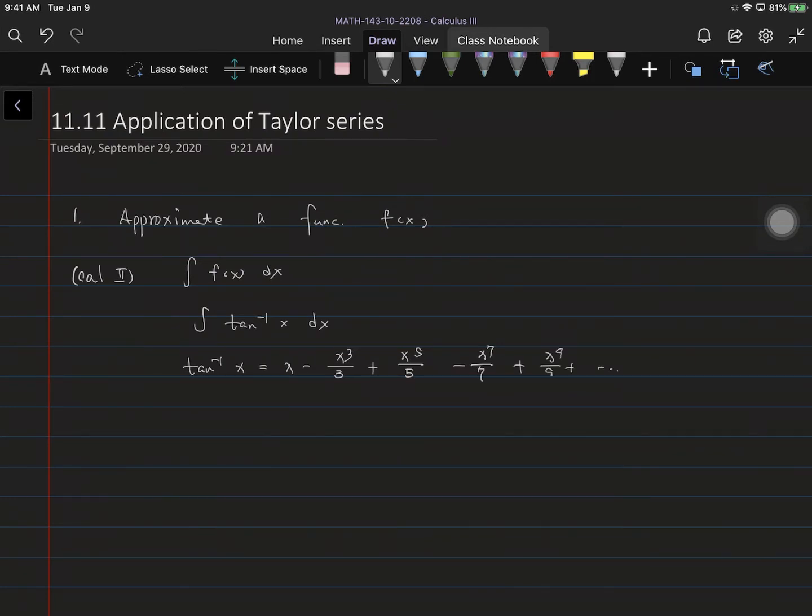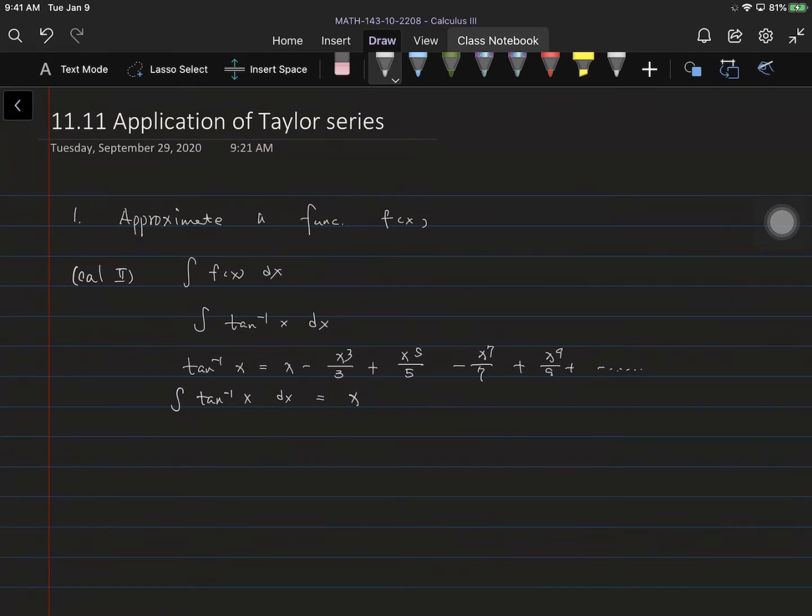Okay, and then this is an approximation of the function tangent inverse x, and if we have more terms, it's more accurate. Then we can just take the integral of the Taylor series, and we can easily find it.